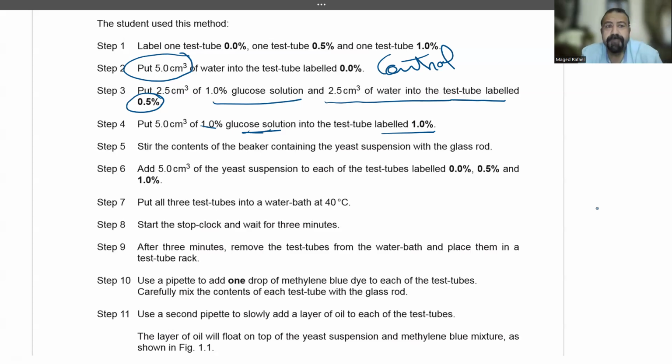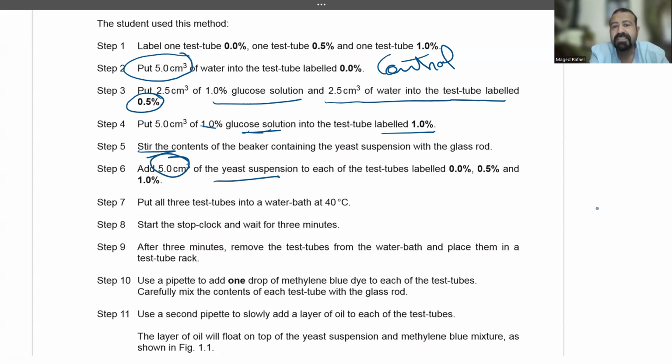In step 5, he stirred the contents of the beaker containing the yeast suspension with the glass rod. He might ask you about the reason for stirring, and definitely this is to provide uniform distribution of the yeast in the solution. Add 5 cubic centimeters of the yeast suspension.